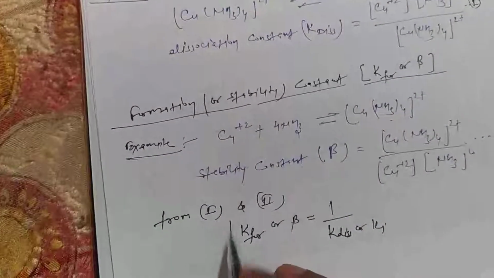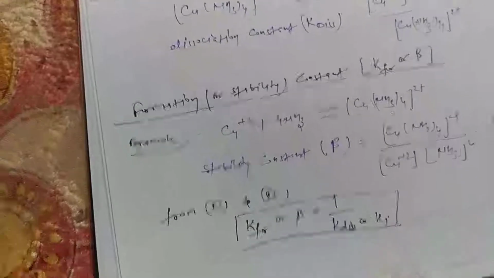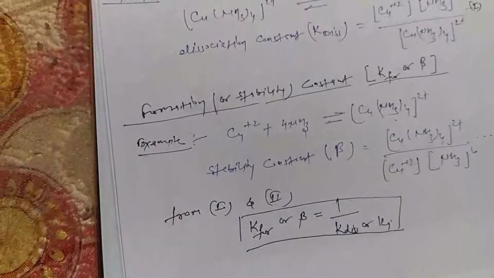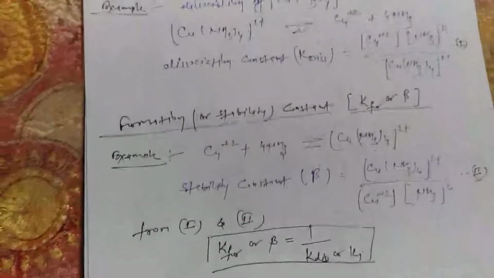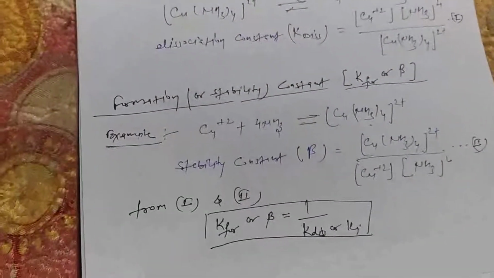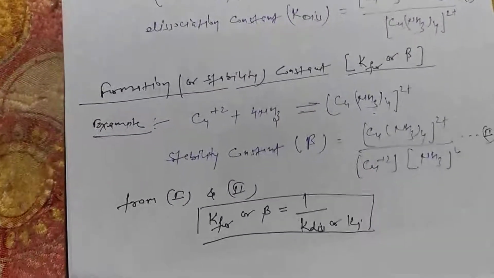This is the relationship between formation and dissociation, and it has great numerical data, so that we can explain further about the stability of the complex.